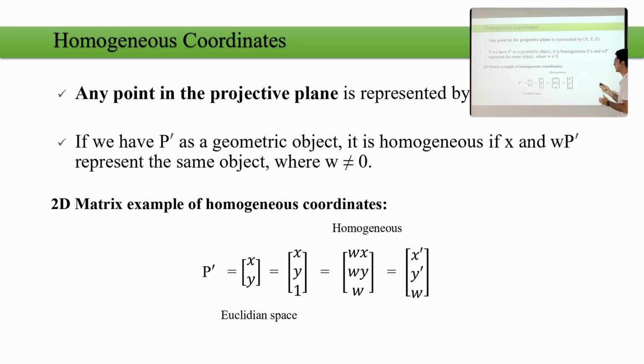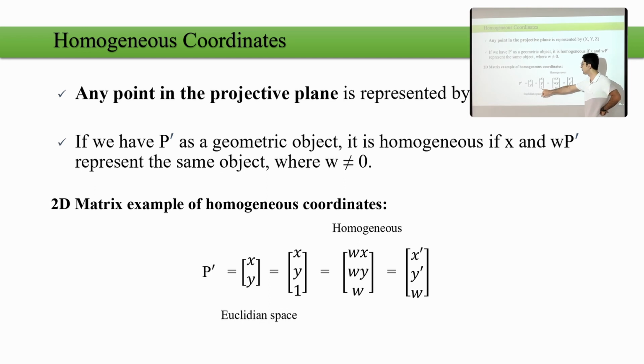What does it mean? Let me clarify for you. We have p prime that is x, y, like a point on the coordinate system, in Euclidean space actually. So this is Euclidean space.